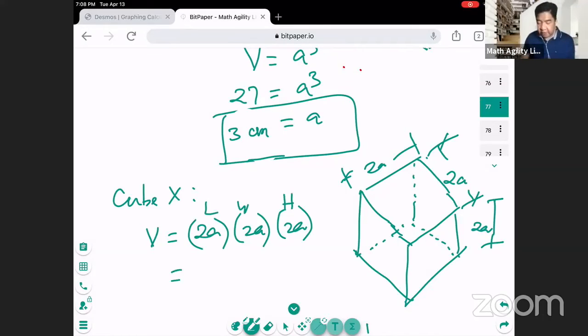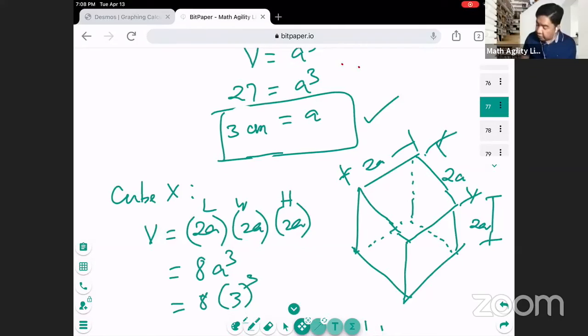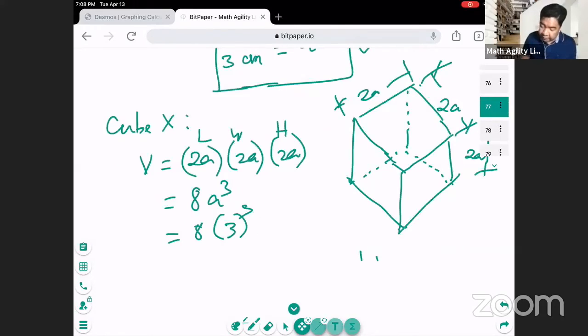So this would give us 8a cubed, right? And since we know the value of a from cube y, so 8 times 3 cubed.